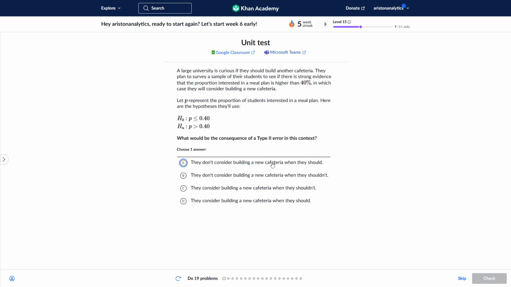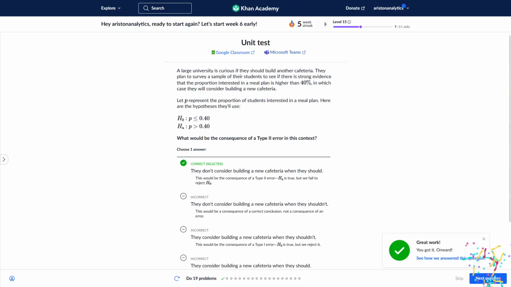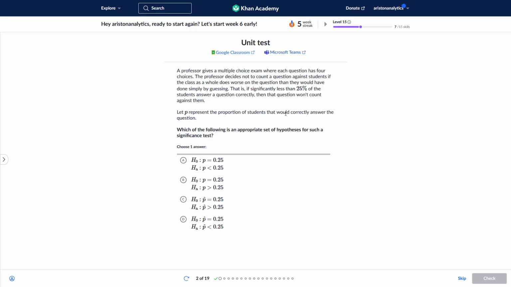They don't consider building a new cafeteria when they should have. Oh shit.